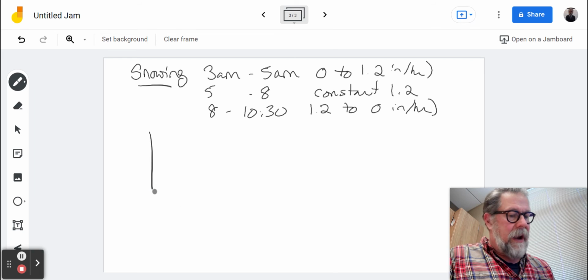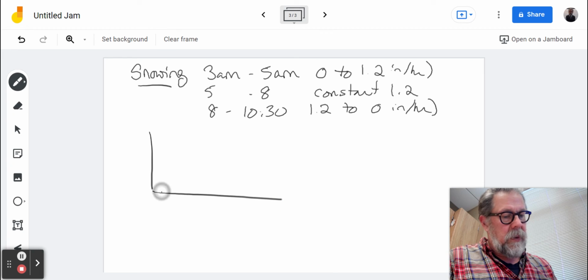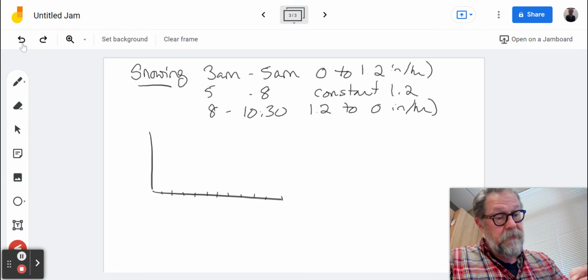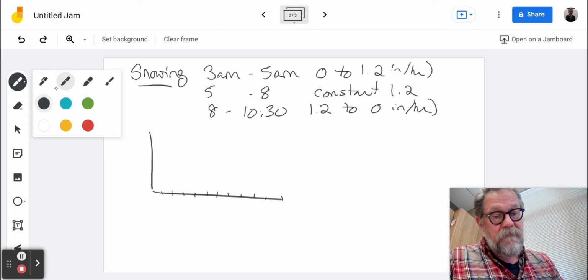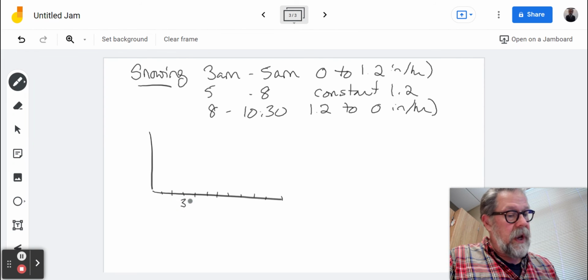So if I graph this, here's what I see. Well, 1, 2, 3, 4, 5, 6, 7, 8, 9, 10, 11. There's 3, 5, 8, and there's 10 and 11.